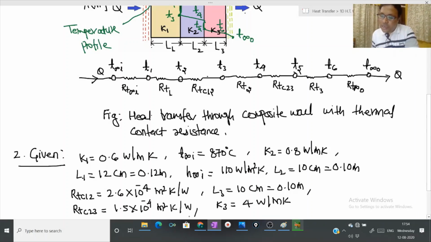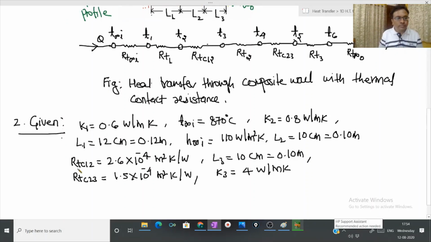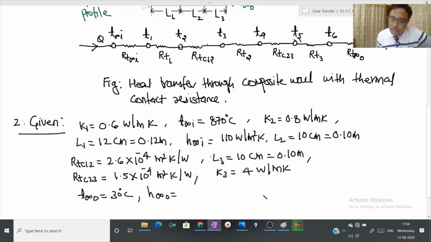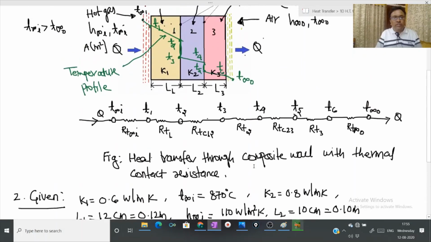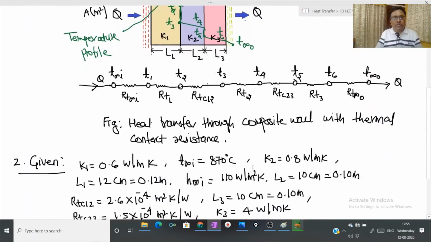Then cold air temperature, that is T infinity O, is given as 30 degrees Celsius, and convective heat transfer coefficient for cold air is given as 15 watt per meter square Kelvin. So this way we could enlist the values of all the given parameters.